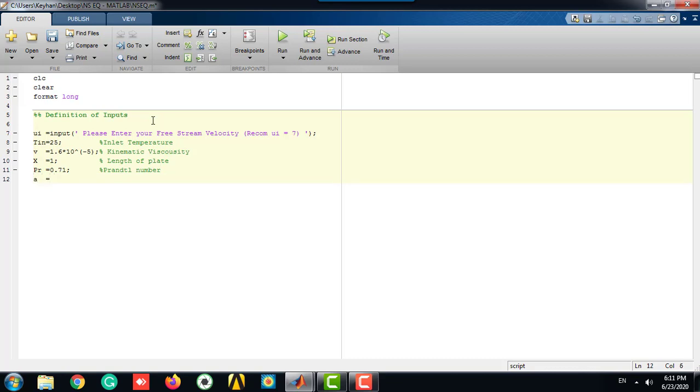A, which is derived from dividing nu by the Prandtl number, is our thermal diffusivity.